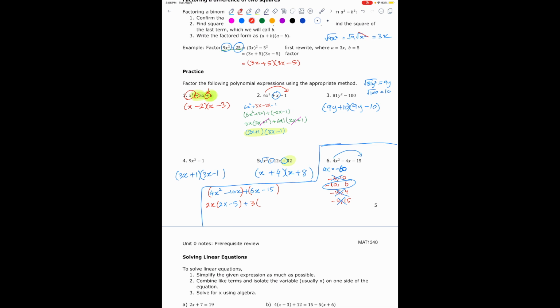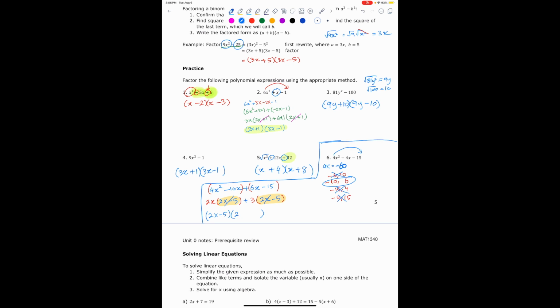So if I take 3, the remaining binomial is going to be 2x minus 5. So I ended up with these being the same, so I'm going to pull them out as the greatest common factor. I will pull 2x minus 5 as the greatest common factor, which means they're gone now. The remaining binomial is going to be 2x plus 3, and that is the final factorization of number 6.